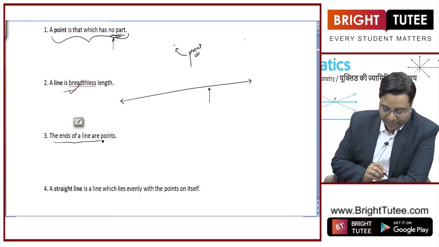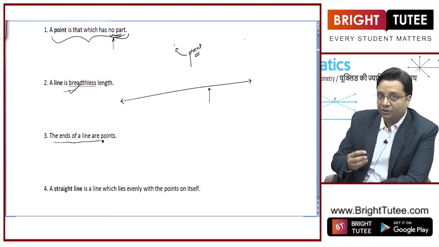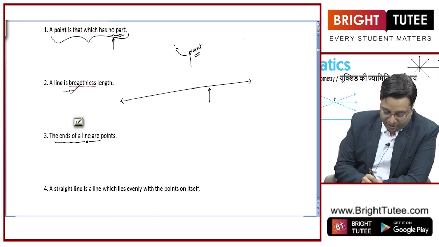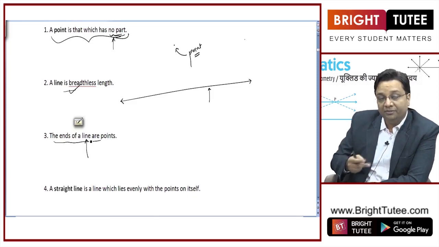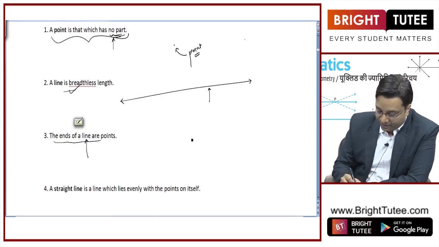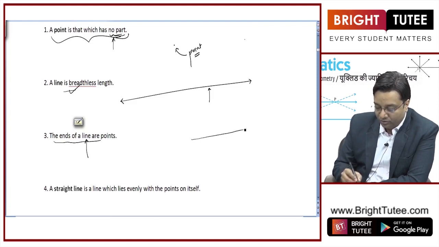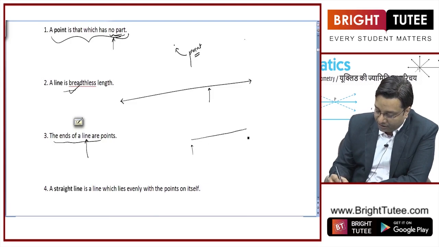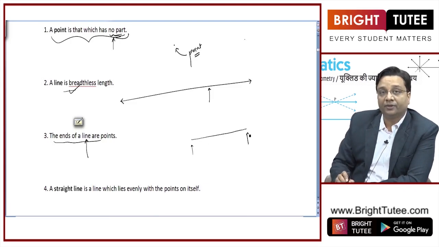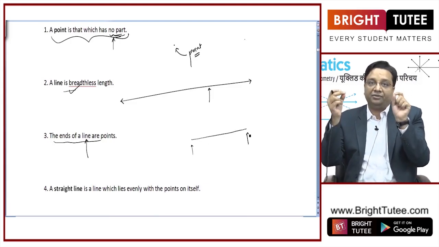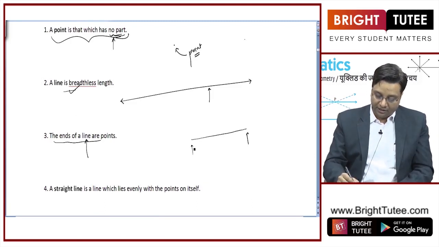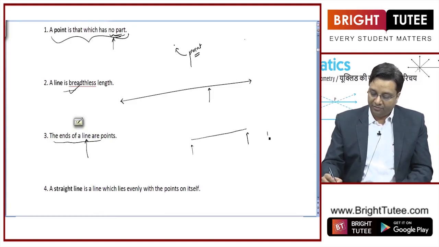The ends of a line are points. Now when Euclid says line, he means a terminated line. By terminated line I mean the line whose initial point and end point, or whose extremes, are fixed. So in this case this is a terminated line.